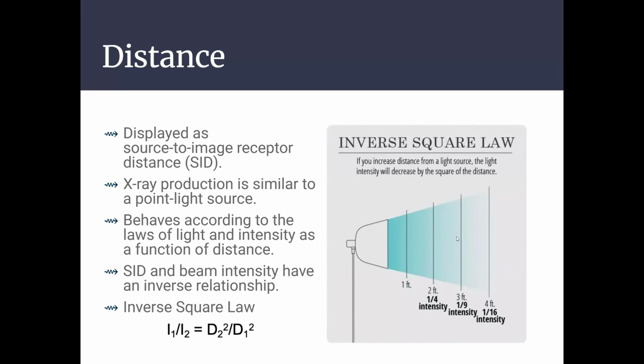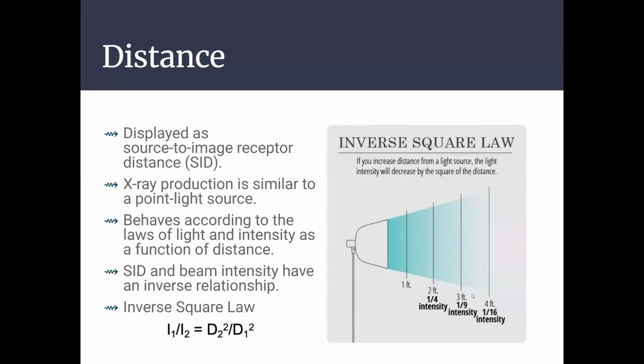So the inverse square law is intensity 1 over intensity 2 is equal to distance 2 squared over distance 1 squared. So we're adding a new algebra concept in there. Same concept, we're going to be finding the missing one of the 4 factors. That's how we do this math problem. We'll know 3 of the factors and we'll be finding the missing one.